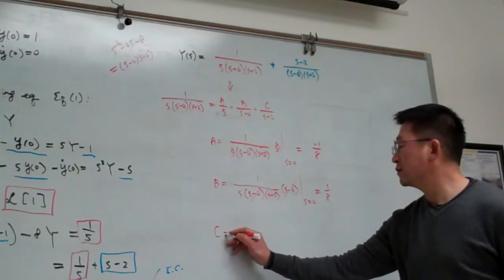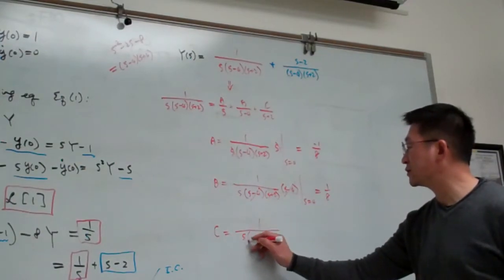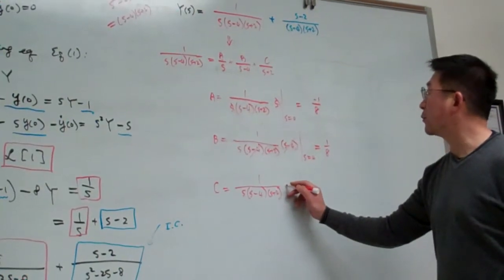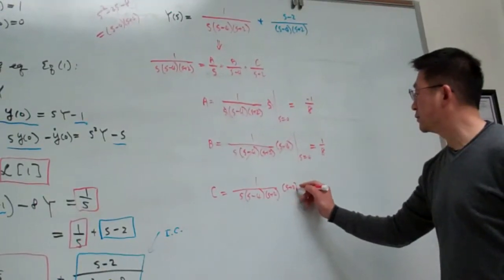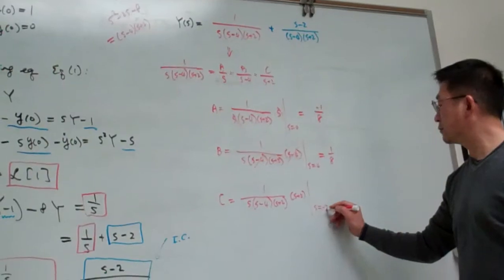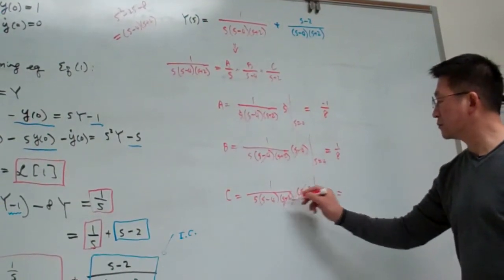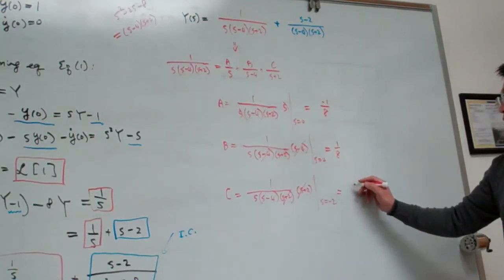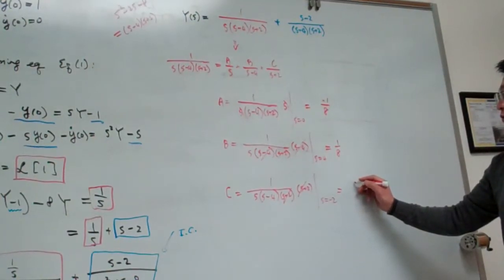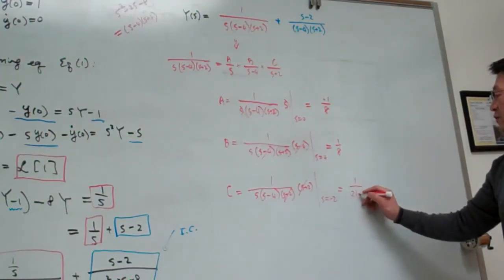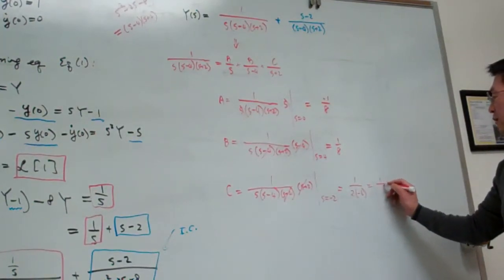And C will be equal to s minus 4, s plus 2, multiplied with s plus 2. Cancel this. So s equal to minus 2 will be equal to 1. 2 times minus 2 equals minus 12.